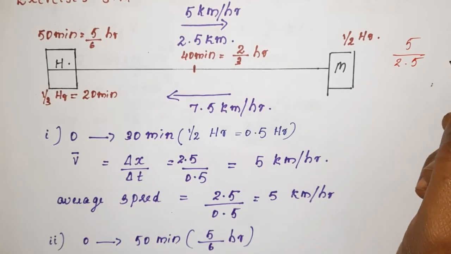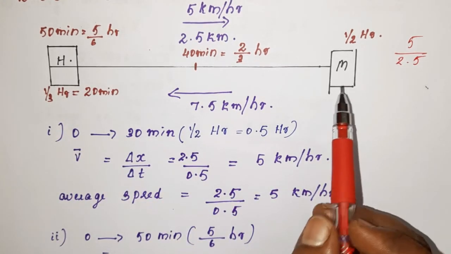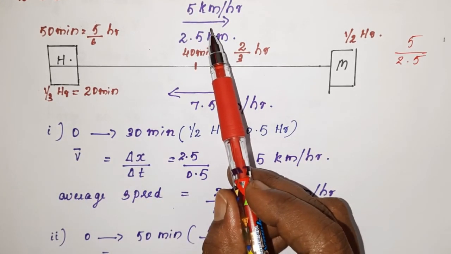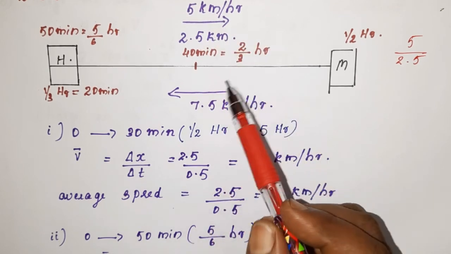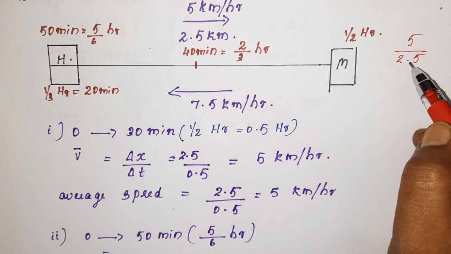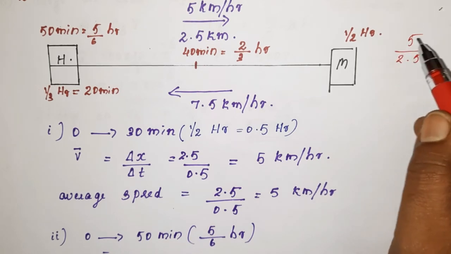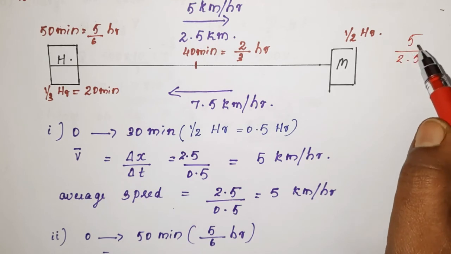In this question, it's given that the man walks from home to market with a speed of 5 km per hour. So when he walks to the market, he may take 2.5 by 5 hour time. So here we are not converting hours to minutes. It's easy for us to do in hours itself.